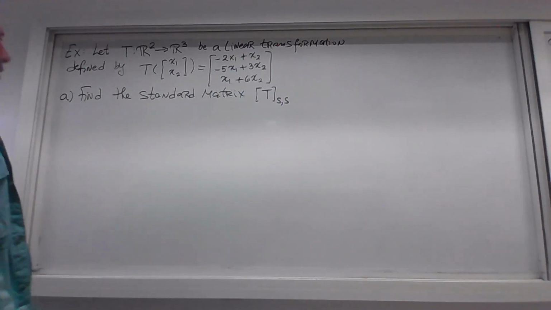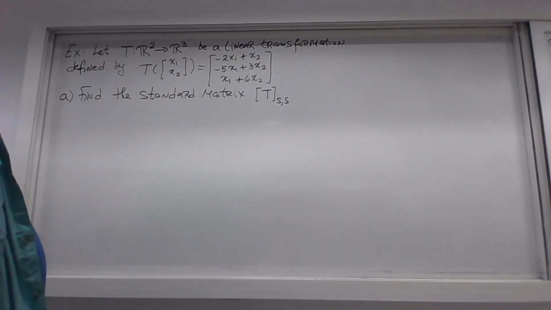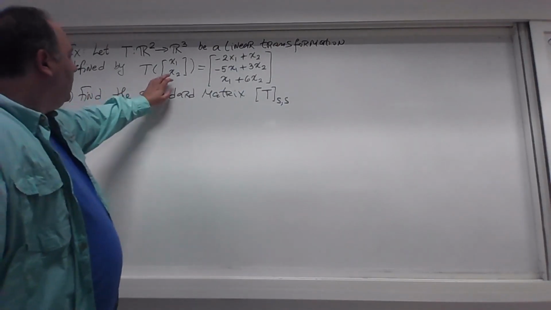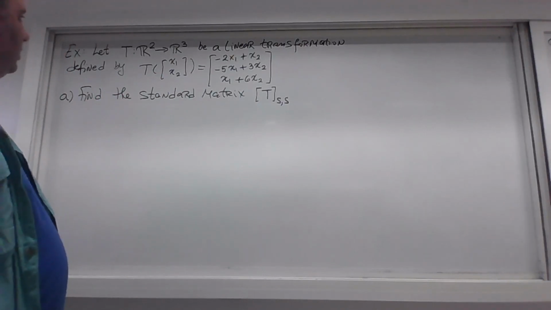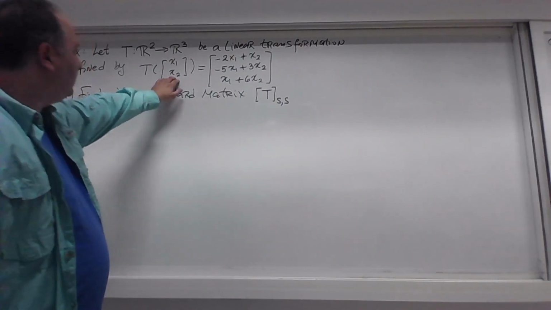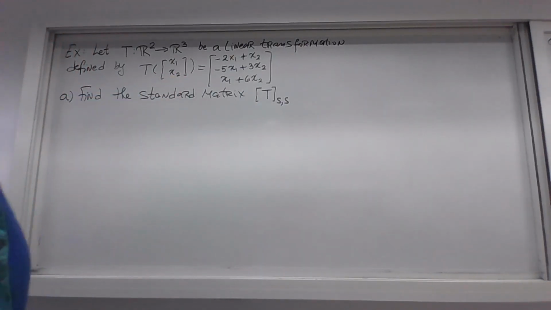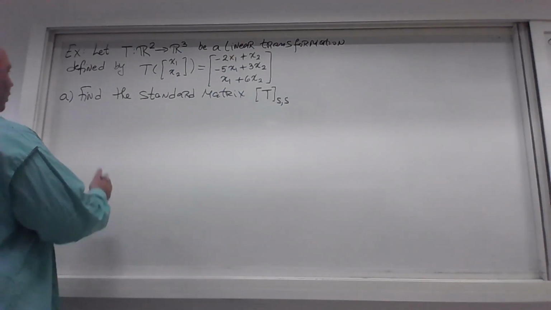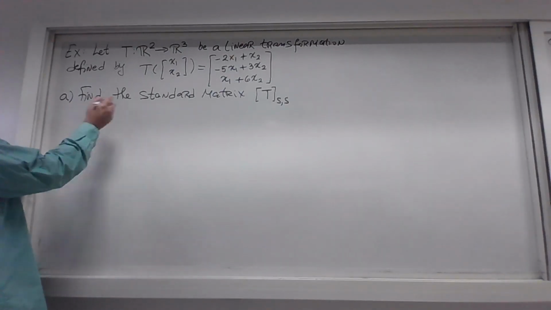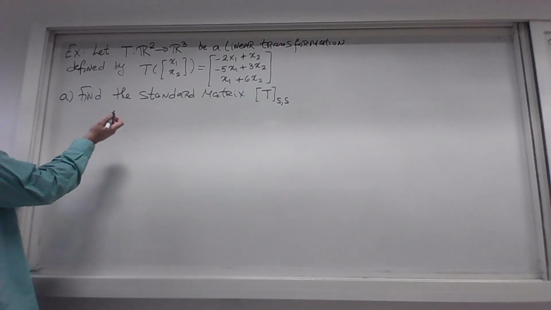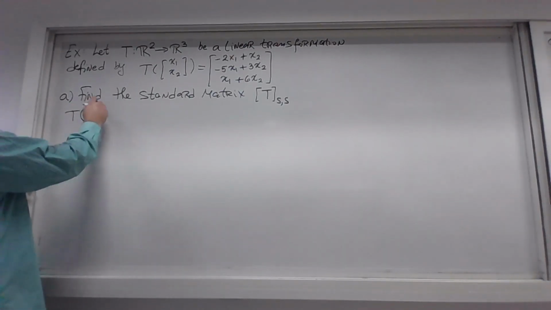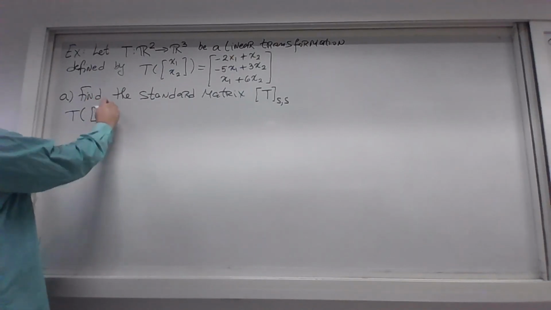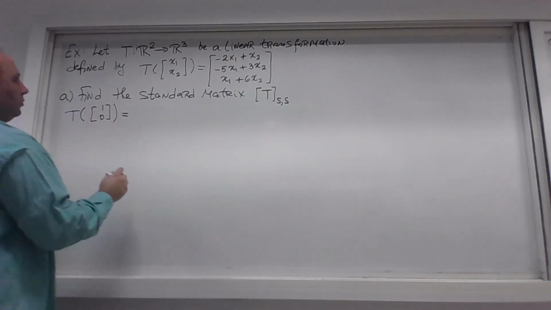Well, we know that each linear transformation is defined by its action on the basis vectors of the input space. So we are going to apply this linear transformation to the basis vectors of R2. The basis vectors of R2 are (1, 0) and (0, 1). So apply the linear transformation to the first basis vector of R2.